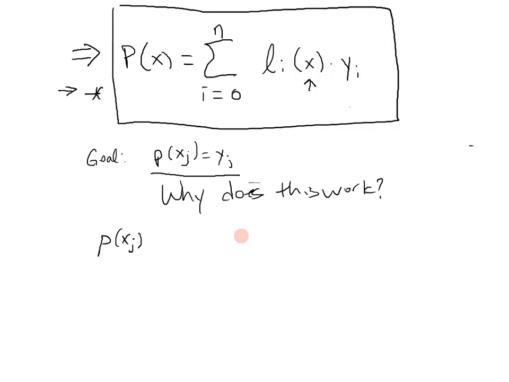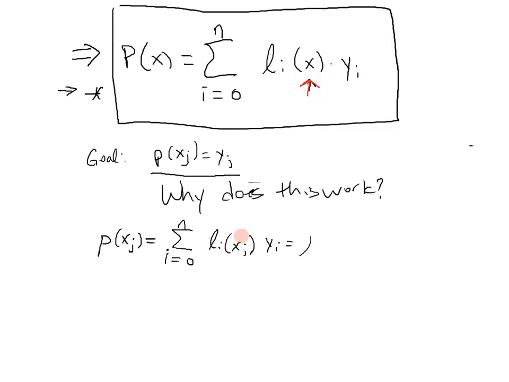I'll put this in red. This right here, xj. Okay. So P of xj is the sum from i equals 0 to n of Li of xj yi. Now remember, what this looks like is this. We're summing over i, right?